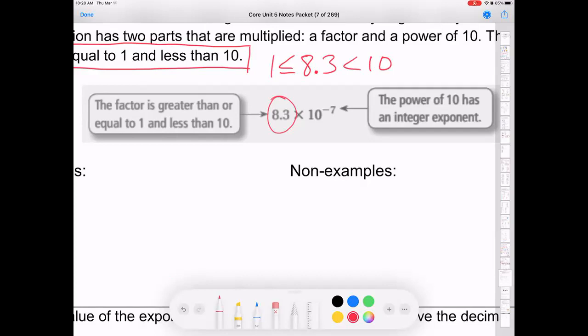Now, this times 10, we're going to talk about a little bit more why in a moment, has an exponent. Now, sometimes that exponent is positive and sometimes it's negative. Okay. For positive, this is where numbers get really, really big. And when it's negative, you can think of it as where it shrinks down and gets really, really small. All right.